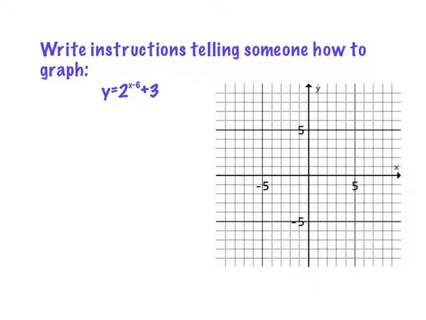So if we're looking at how to actually transform these, we know a couple of things. We're going to have an asymptote at y equals 3. So I'm going to draw that in, and I'm going to write that down as an instruction.